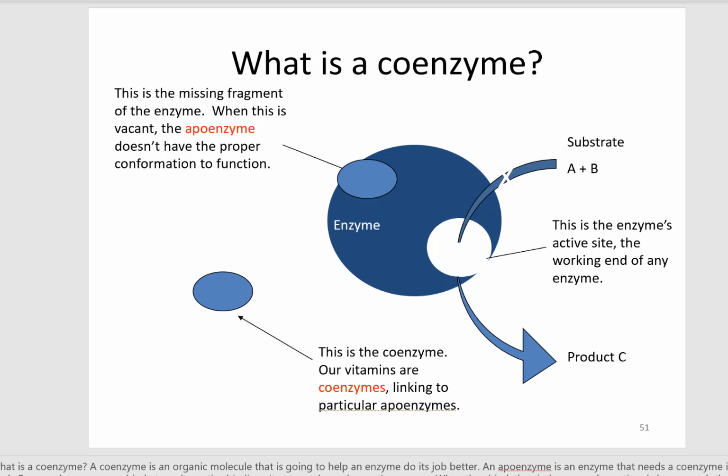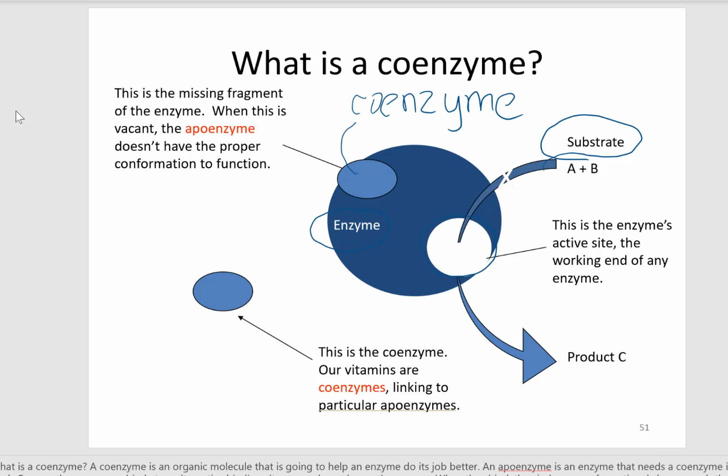Shown here in dark blue is an enzyme, and in light blue we see a coenzyme. The empty space shown here is showing you where the substrate would bind.